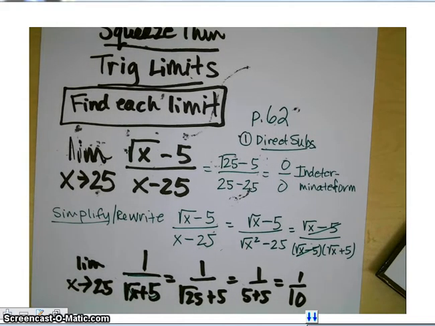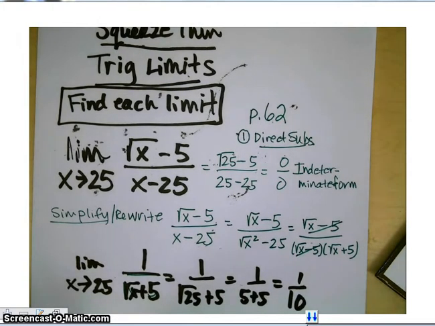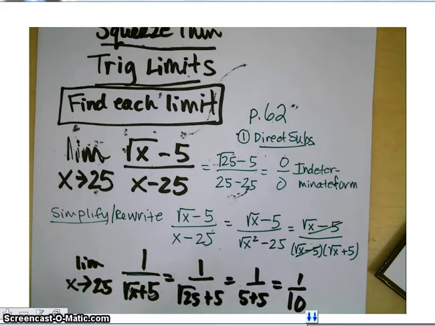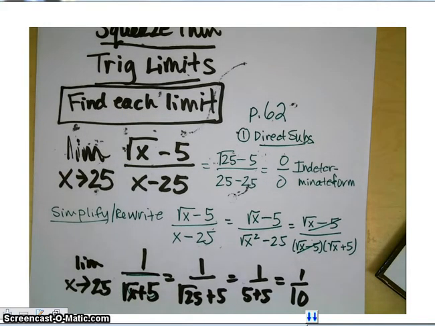All right, so that's one of the techniques you may have to use today to simplify. I'm going to do two other examples that are a little more challenging, of things you may have to do to be able to use direct substitution.